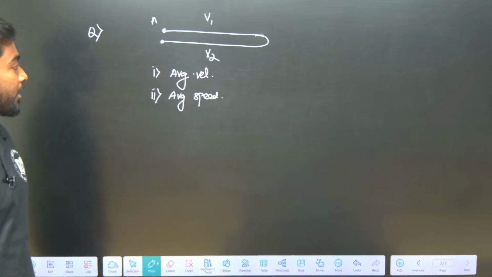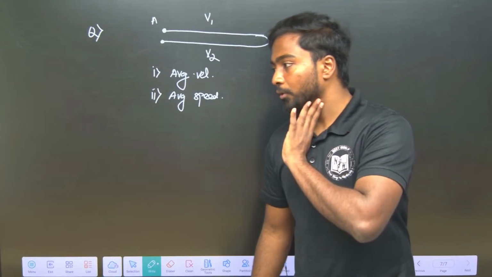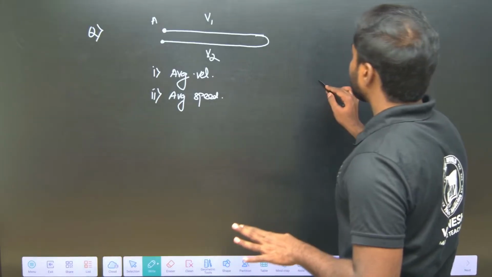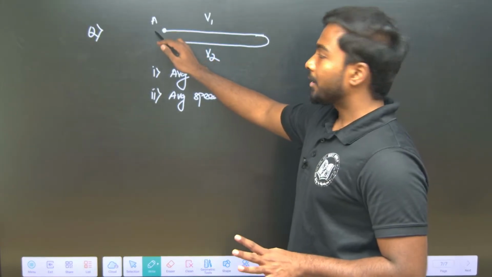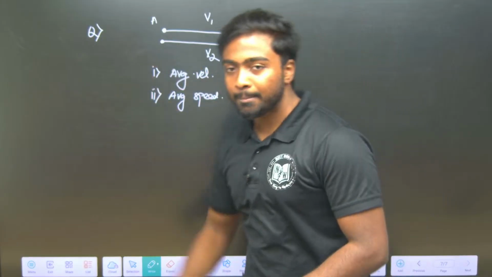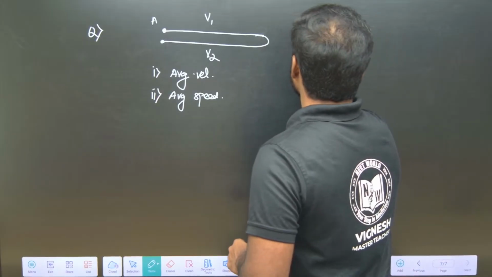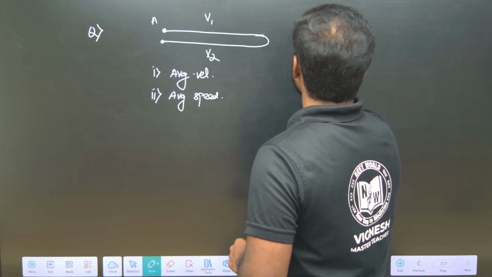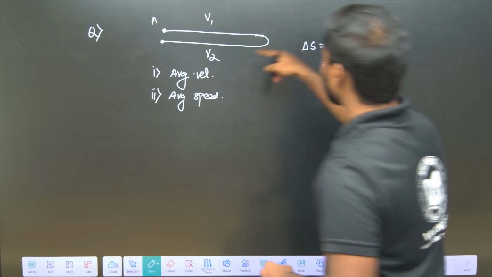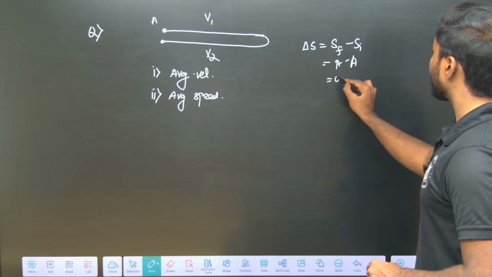Average velocity and average speed. I have given the idea about velocity, average velocity and average speed. So when a point is given and the object has travelled somewhere and came to the same point, displacement will be 0, because change in displacement is nothing but SF minus SI, final position minus initial position. So A minus A will be equal to 0.